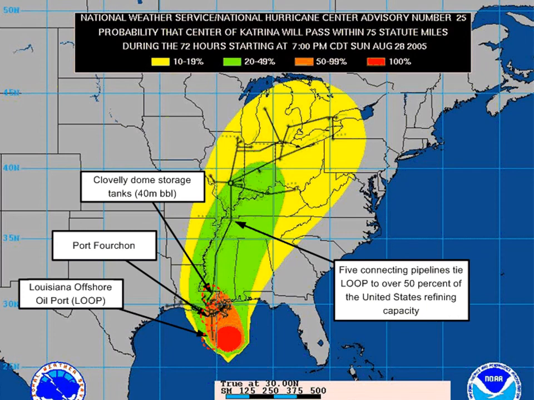Now this becomes an issue when you have Gulf-occurring hurricanes, and this is the projected path of Hurricane Katrina, maybe one day out from making landfall. I'm not exactly sure. But you can see that this is a big concern, projecting how this is going to impact oil and gas refinery operations.